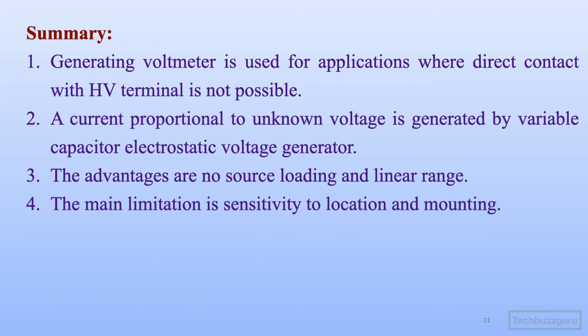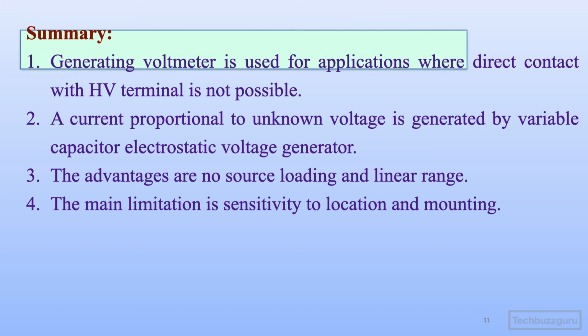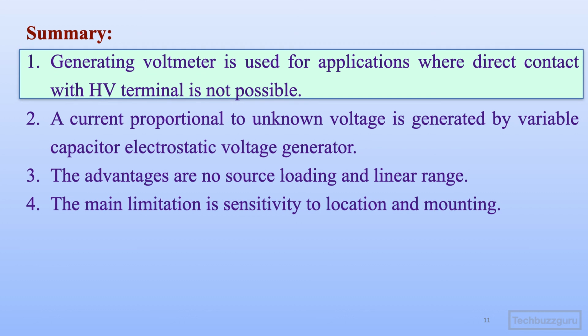So this is about the method of the generating voltmeter. Let us summarize what we have studied in this video for this topic. First and foremost, the generating voltmeter is a method used for applications where direct contact with the high voltage terminal is not possible, like in the case of a Van de Graaff generator or particle accelerator.